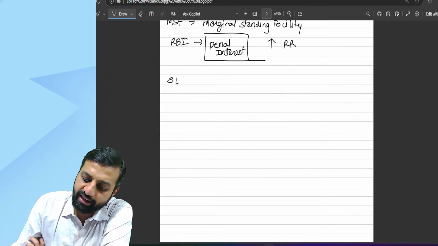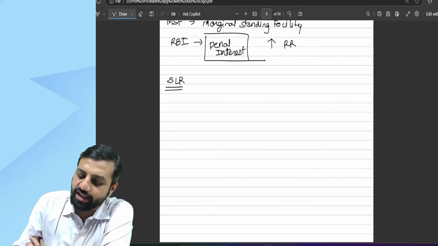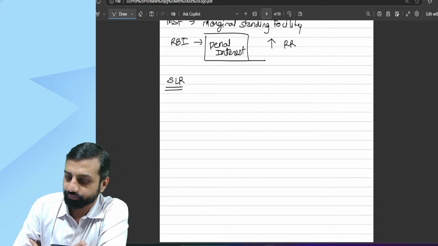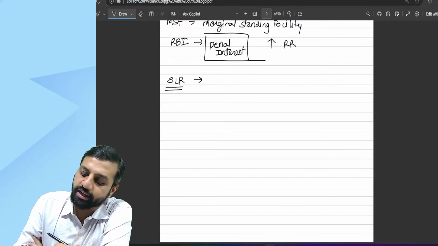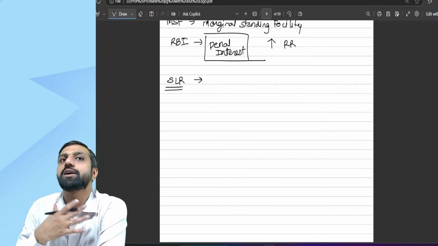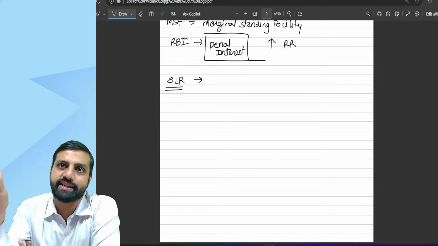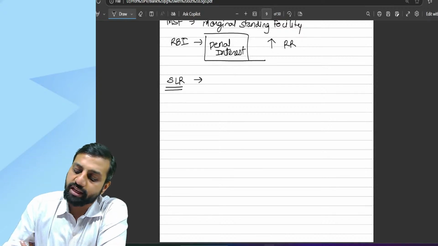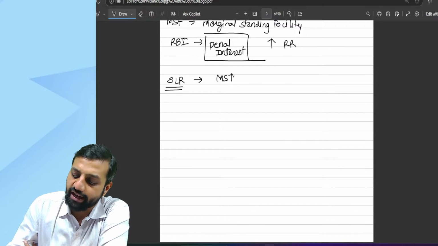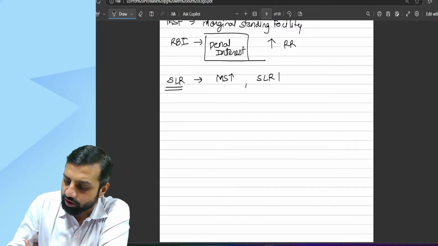SLR and CRR. So SLR is statutory liquidity ratio. Statutory liquidity ratio is a ratio maintained by the commercial bank with itself, but in the form of liquid assets. So if money supply in the economy is high, we should increase the rate of SLR.